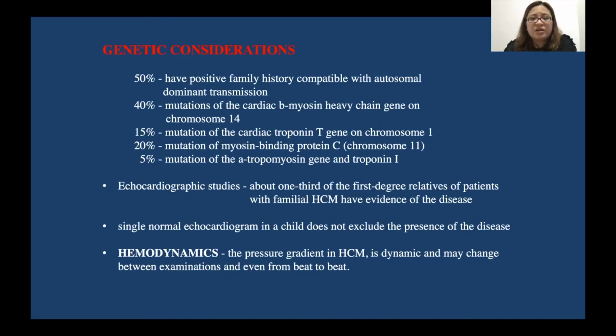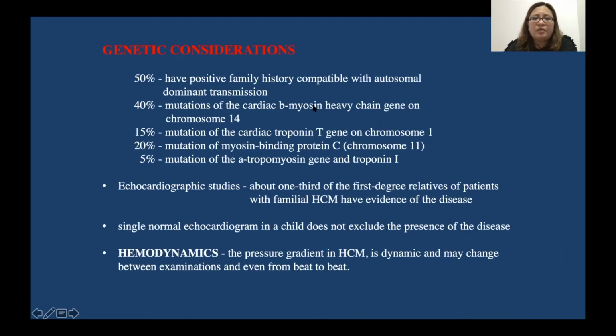In 40%, there is mutation of the cardiac beta myosin heavy chain on chromosome 14. 50% is mutation of the cardiac troponin T gene on chromosome 1, and 20% is mutation of the myosin binding protein C on chromosome 11. 5% of HCM patients have mutation of the alpha tropomyosin gene and troponin I. So you need to memorize these genes.